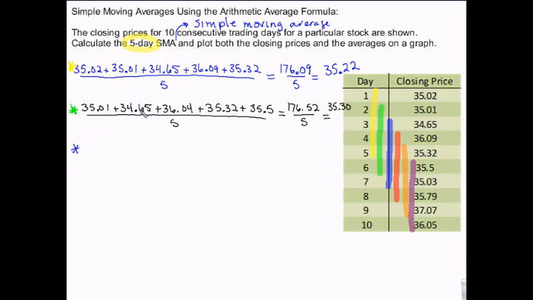So that was days 1 through 5, 2 through 6. We're next going to do 3 through 7. So we're starting here, 3465.